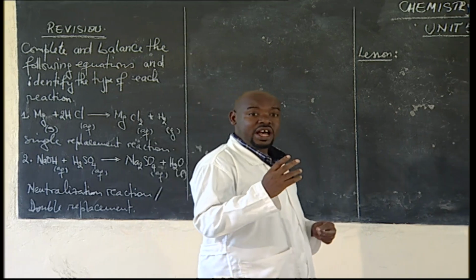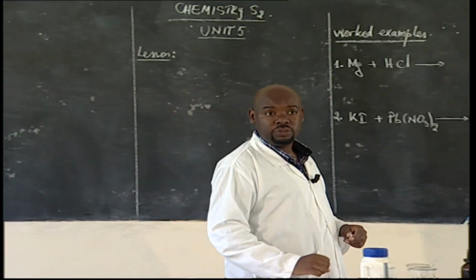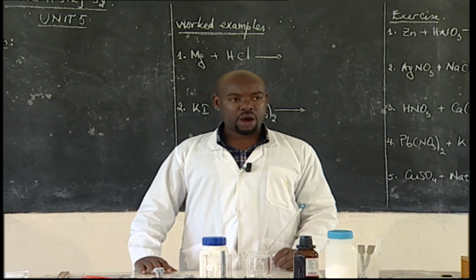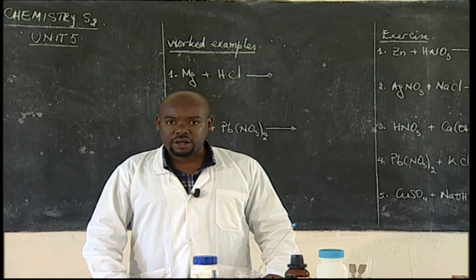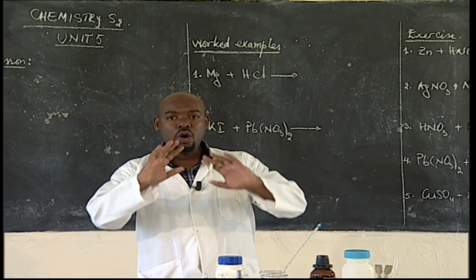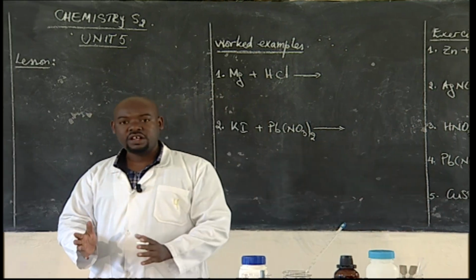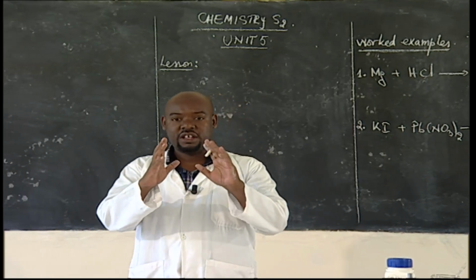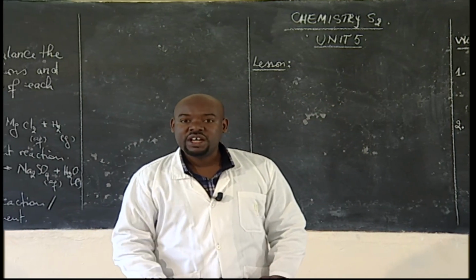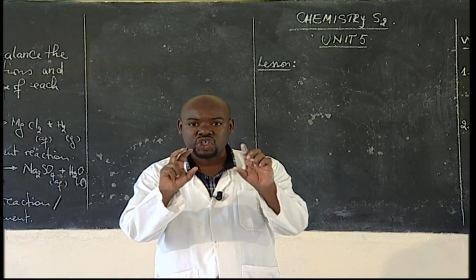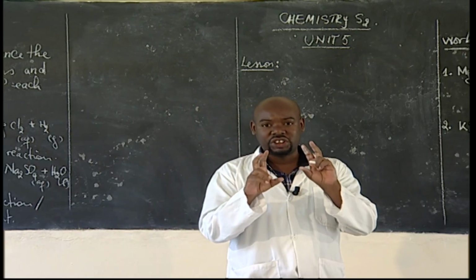Now, there is another type of classification maybe you didn't talk about, but which is very important. All the reactions you have studied can be classified into two types depending on the temperature change when the reaction is taking place.